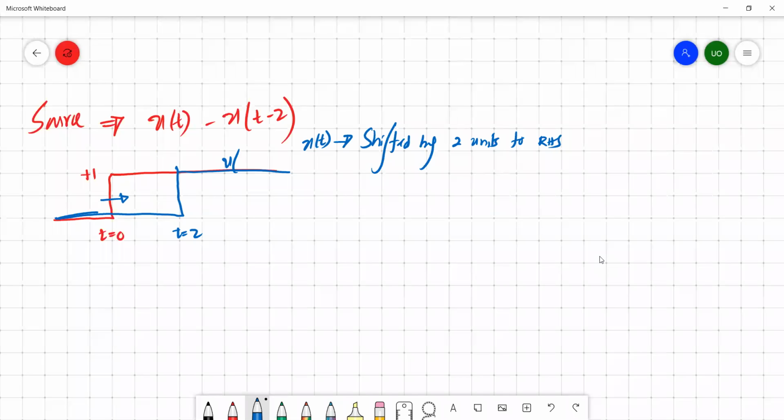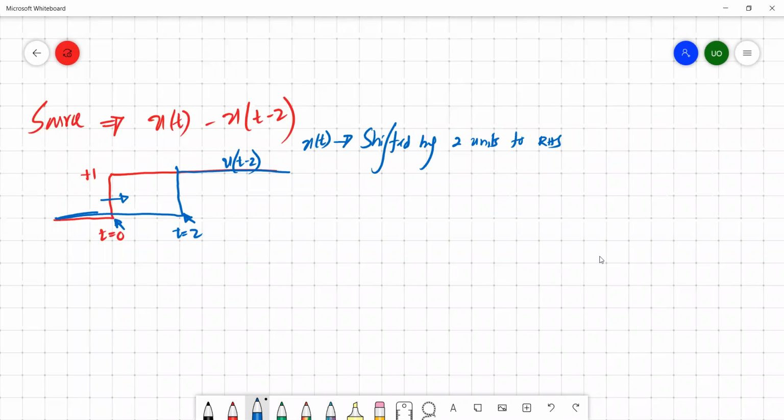So this is t equals 2. The value at t equals 0 is pushed to t equals 2, so this value moves to this point. Then you can easily get u(t-2), which is a shifted version of the original function u(t).